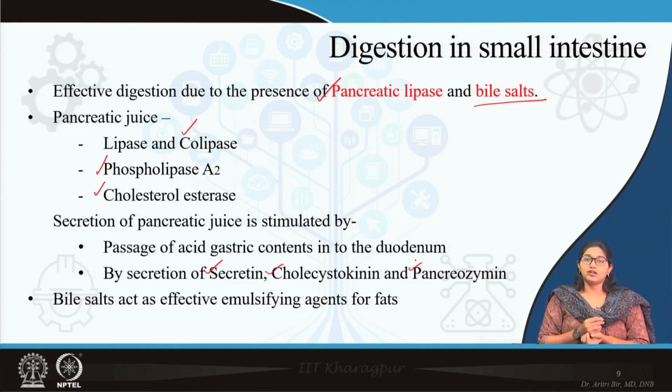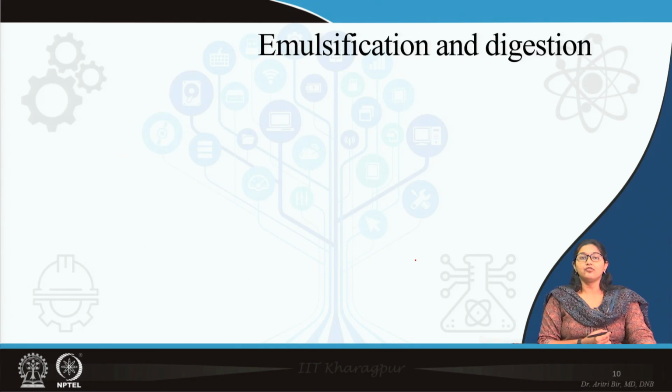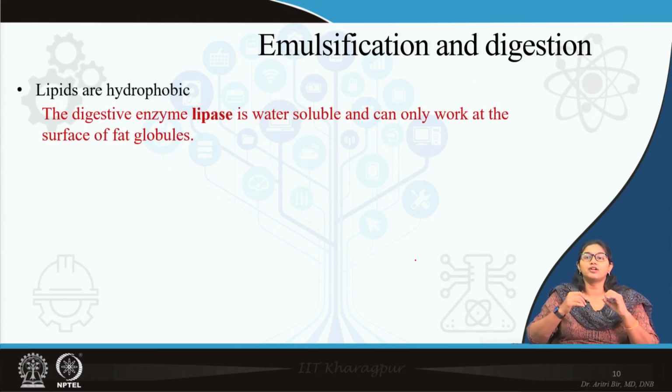Now, bile salt plays an important role in emulsification of fat. Now, what is emulsification? Emulsification is one very important phenomenon which is required for digestion of lipids. You all know that lipid is a hydrophobic molecule, but the digestive enzymes are water soluble and they need to work on fat globules, which are hydrophobic.